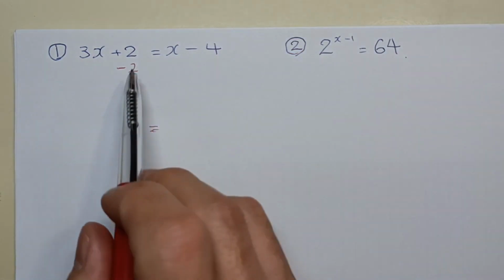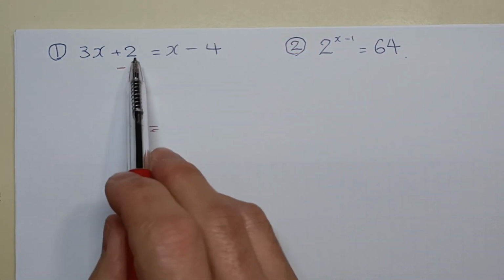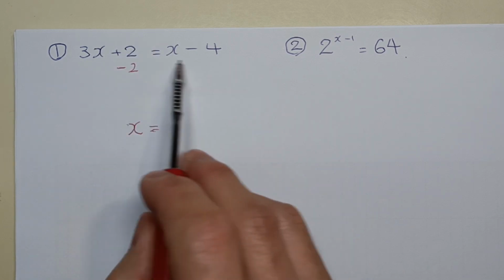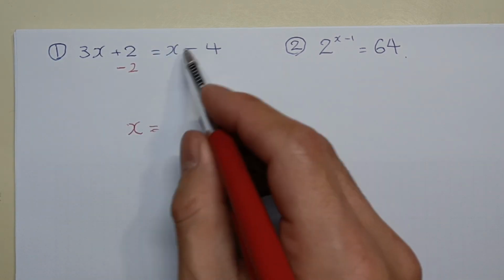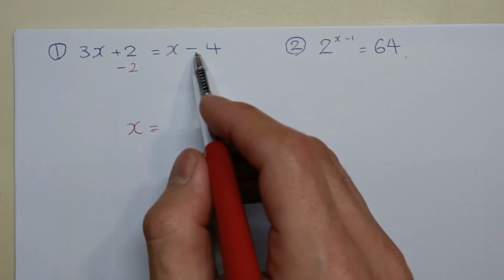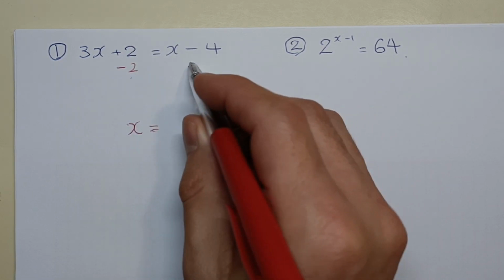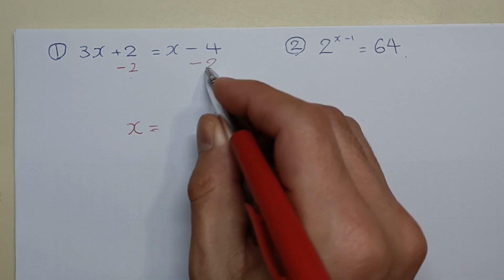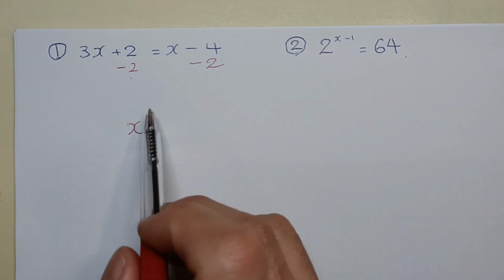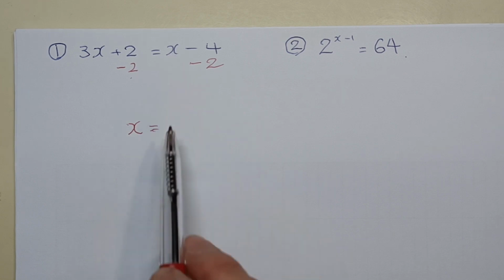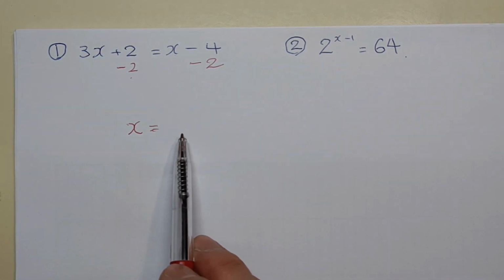and then you do the same thing on the other side, because an equation has a left side of the equal and a right side, and the value is the same, isn't it? So if you take 2 away from here, you always have to do the same thing on the other side. And then I don't want to have x on this side because I want to have only a number on this side.